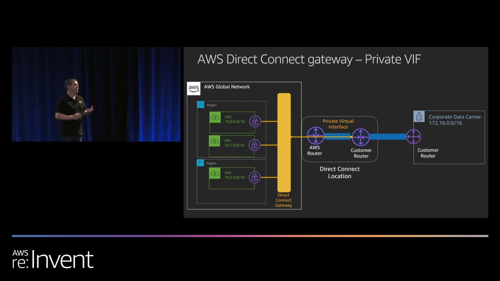And we're going to terminate that on something called the Direct Connect Gateway. And the Direct Connect Gateway is just a logical object. It's not a single piece of infrastructure. But the key thing is it enables you to get from that Direct Connect location, wherever it is in the world, to any of the AWS regions where your resources might be living, with the exception of China. So now you can connect to the Direct Connect Gateway. We then attach the virtual private gateway, the VGW, to that Direct Connect Gateway. And you can attach up to 10 of these across all of the regions.